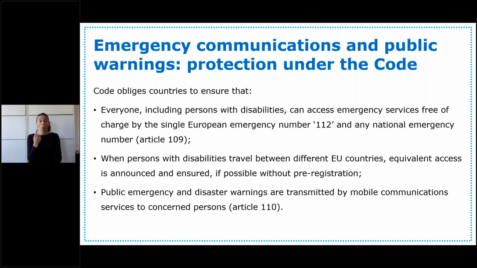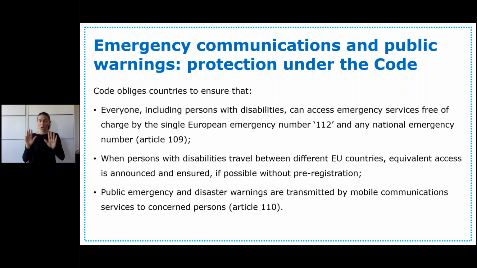So anybody that calls 112 in any country in the EU can reach this emergency number. But also countries have to ensure that this free of charge access is also ensured by national emergency numbers that countries will determine for themselves. Just a quick point that the article that covers emergency communications is Article 109.